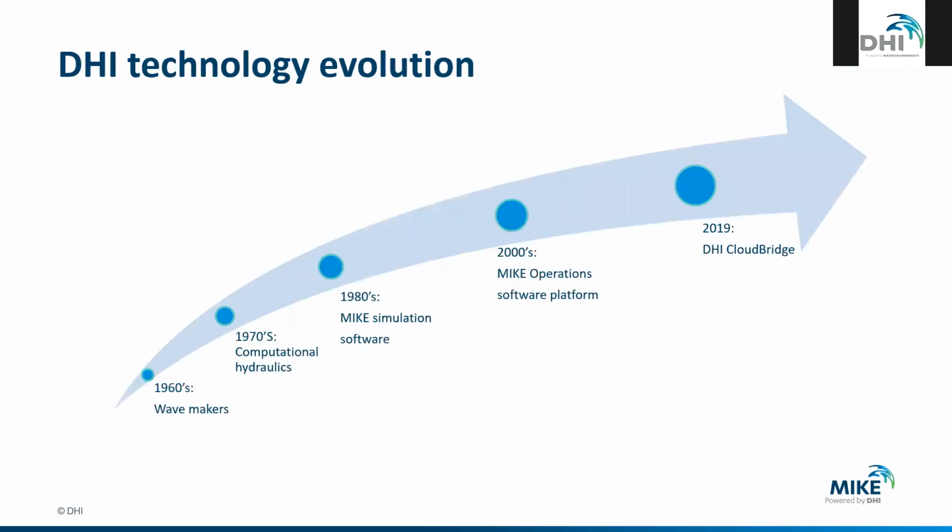I just want to highlight here the evolution of our technology. It started off, as I said, in the 1960s, actually making physical hardware to create waves in laboratory wave basins, three-dimensional wave makers. And then in the 1970s, we started working in computational hydraulics, developing the computational kernels, the engines, particularly for coastal and urban and water resources domains.